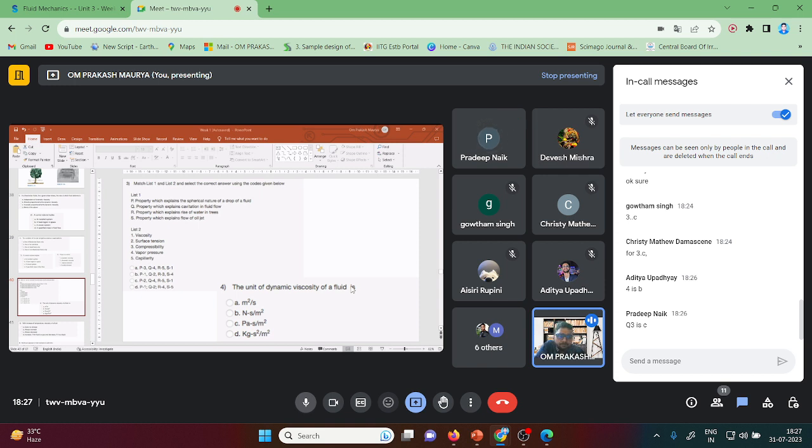One hint for option P: the property which explains the spherical nature of a drop of a fluid is directly related to surface tension. If you know that the only answer for P is option 2, then you can easily say option C is correct. No need to see the other options.